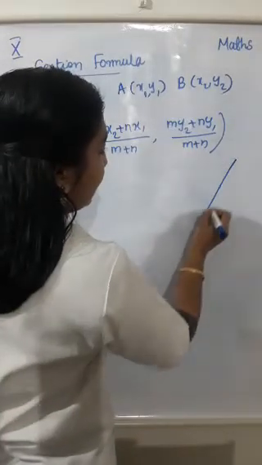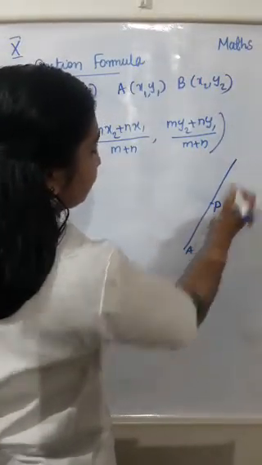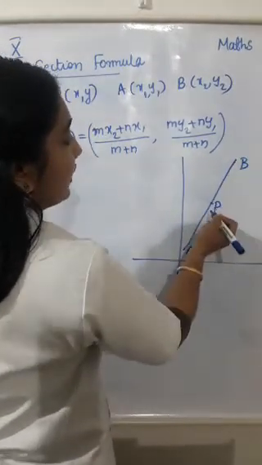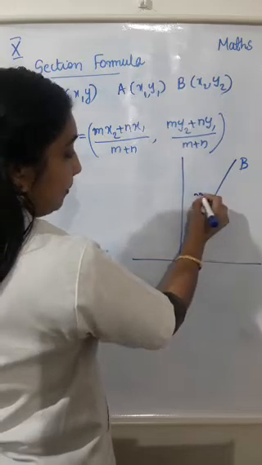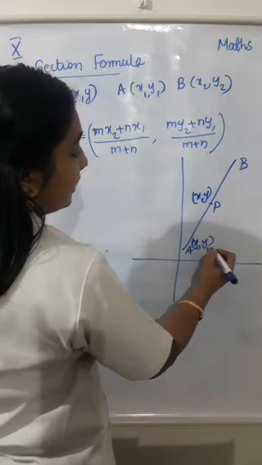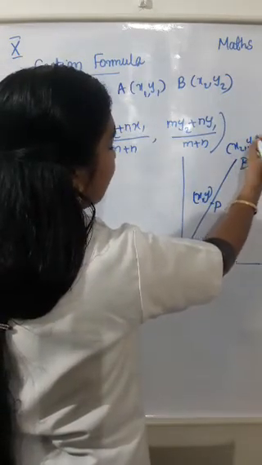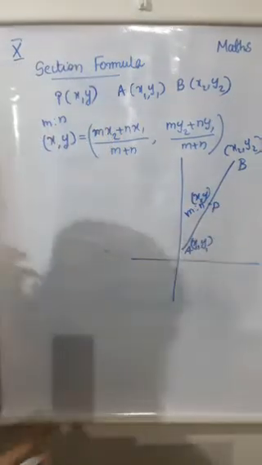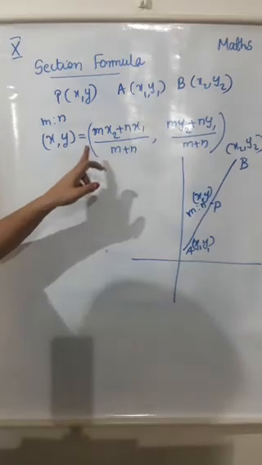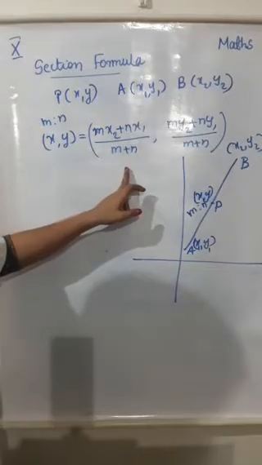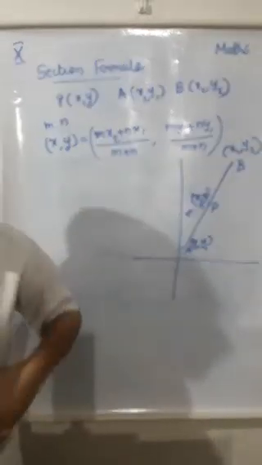If the point P (x, y) divides the line segment AB joining the two points (x1, y1) and (x2, y2) in the ratio m is to n, then the point (x, y) is equal to (mx2 plus nx1) divided by (m plus n), (my2 plus ny1) divided by (m plus n).